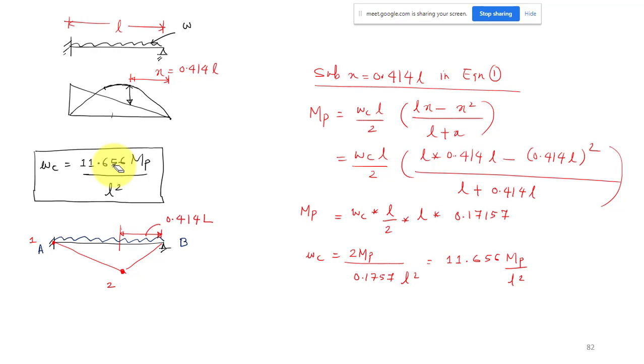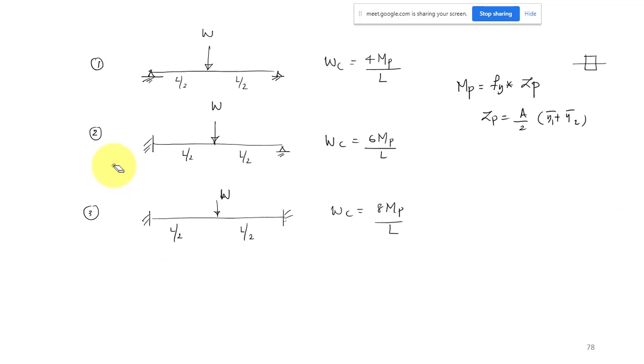Like that we can see the difference. You take 3 beams, take UDL, write down all the formulas, and compare your result. You will find an increasing trend. Your simply supported beam will have the least collapse load, then the propped cantilever, and then the fixed beam.